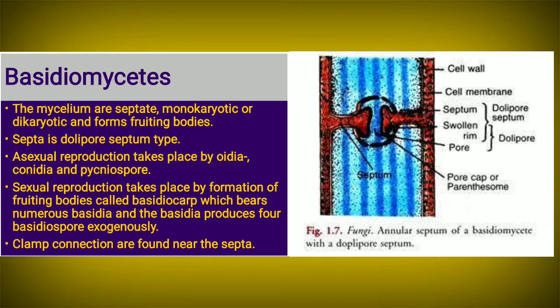Dolipore has come from the word dolium, which means large jar. And from the two sides, as two ingrowths come, it becomes a bell-shaped structure, therefore the term dolipore septum.